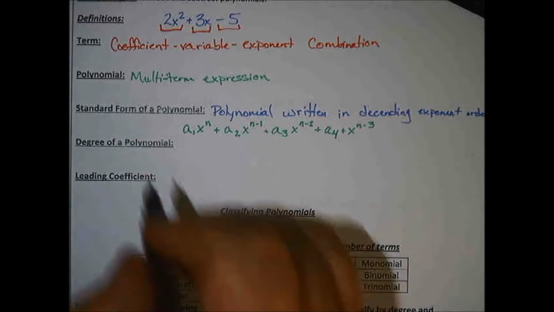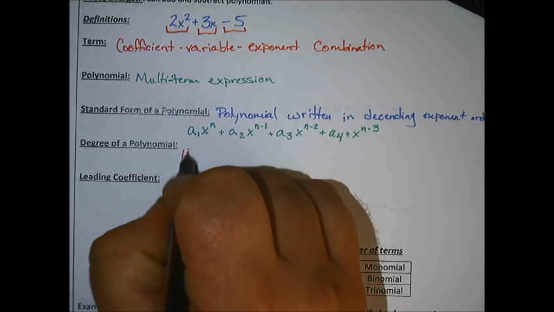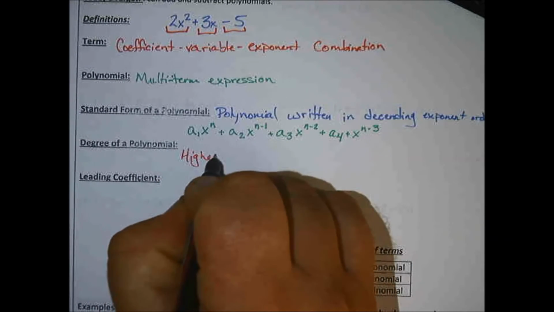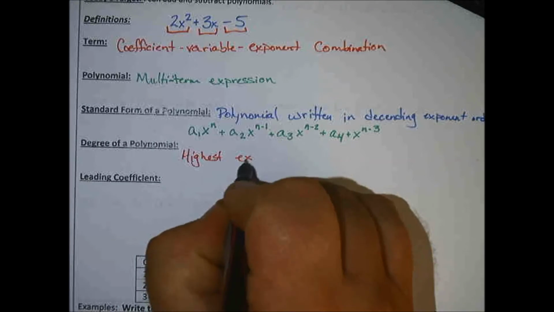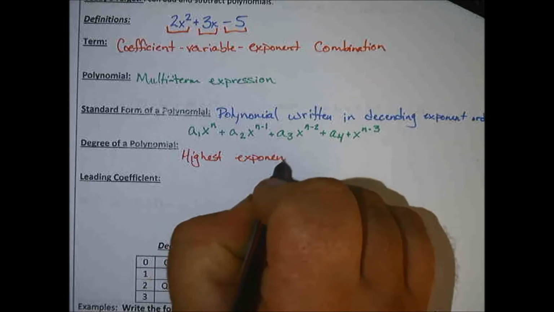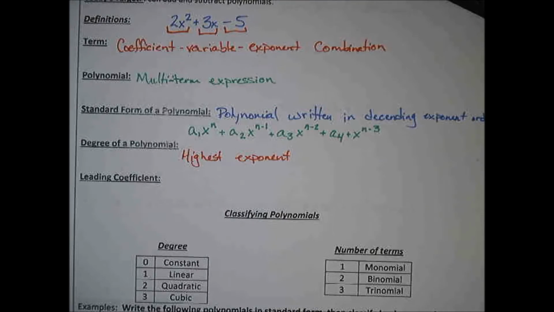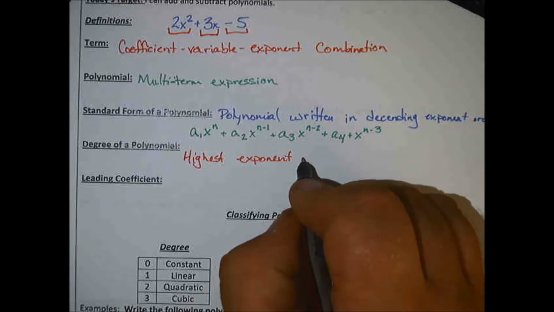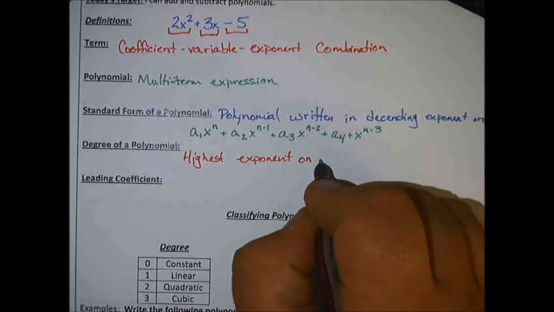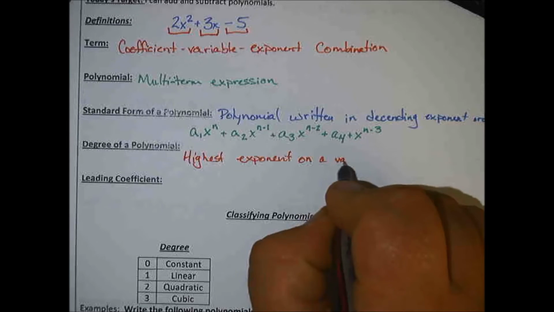So the degree of a polynomial is the highest exponent, and that exponent has to be on a variable.